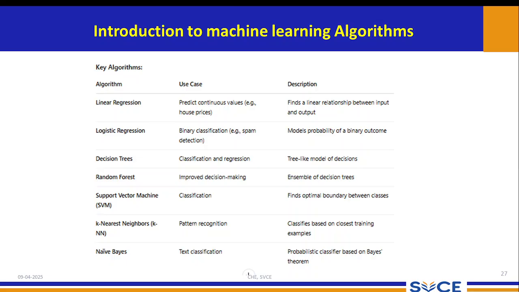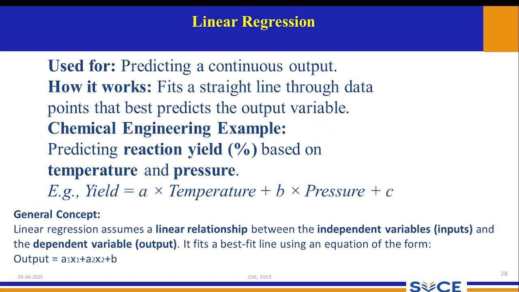Naive Bayes is mainly used for text classification, a probabilistic classifier based on Bayes theorem. I'm not getting into the Bayes theorem part. If you want to explore it, we will discuss these algorithms in the face-to-face session, mainly naive Bayes and k nearest neighbors, which were not extensively discussed during our lecture.